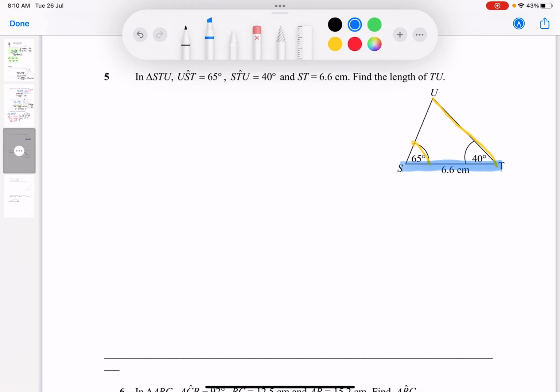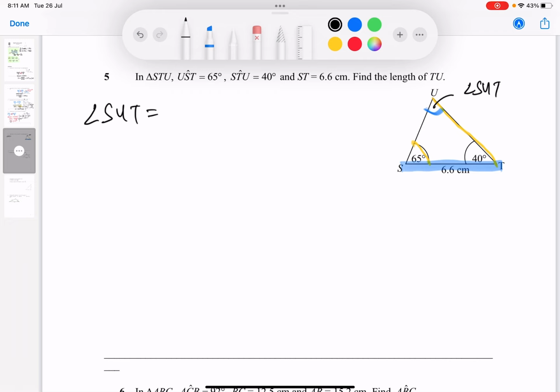Do we have the angle over there? We don't. We don't have the angle in blue. But the first thing is, can you actually find out what this angle is? This angle here is angle SUT. So the first step is to find out what angle SUT is.